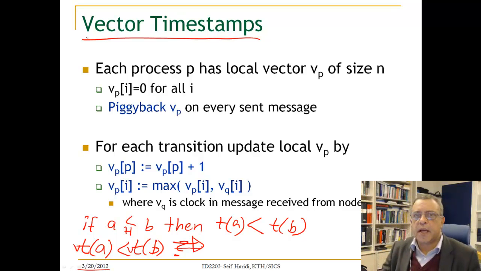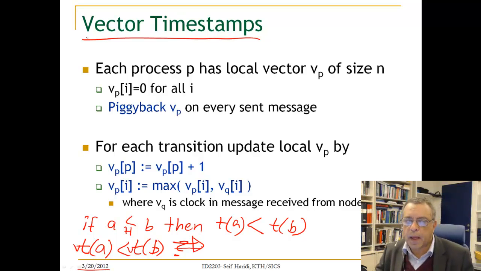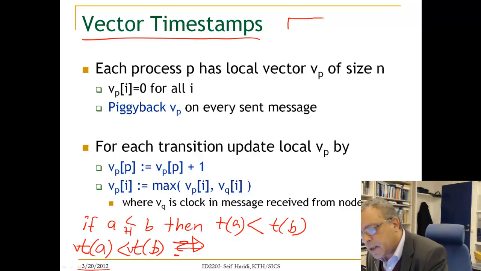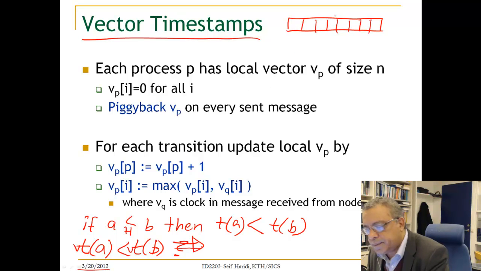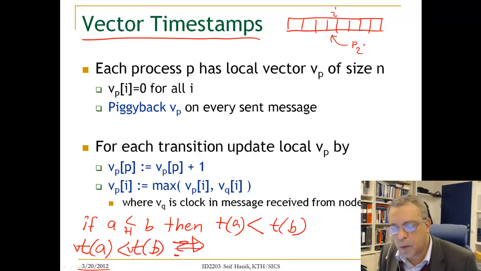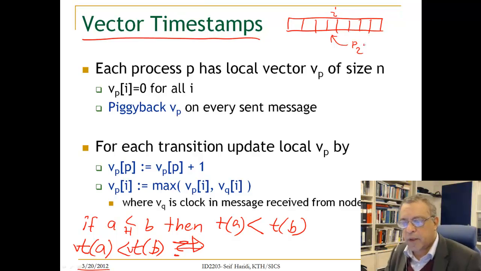In vector timestamps, we have a vector associated with each node. This vector has a number of elements equal to the number of nodes in our system, and element number i is associated with events happening at Pi. All right. So how do vector timestamps work?